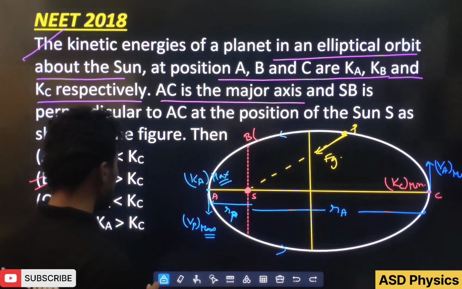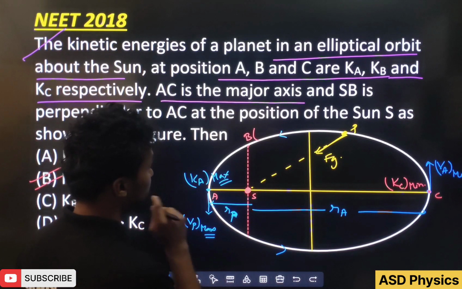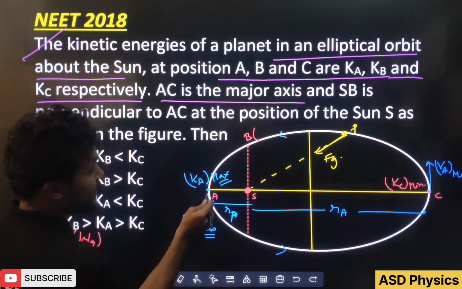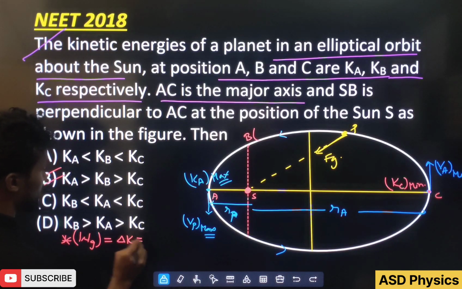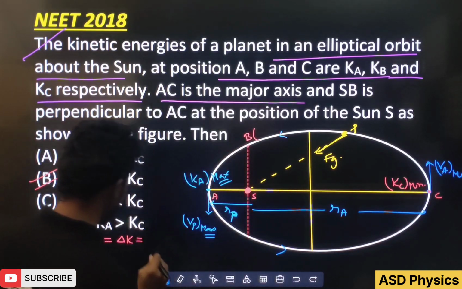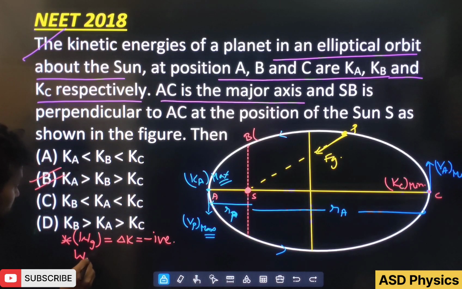If they are asking work done by gravity, remember, students, see please, when it is moving from perihelion to aphelion, from the work energy theorem, what is happening to the kinetic energy? The kinetic energy is decreasing. That means this work done will be negative. This is perihelion to aphelion.